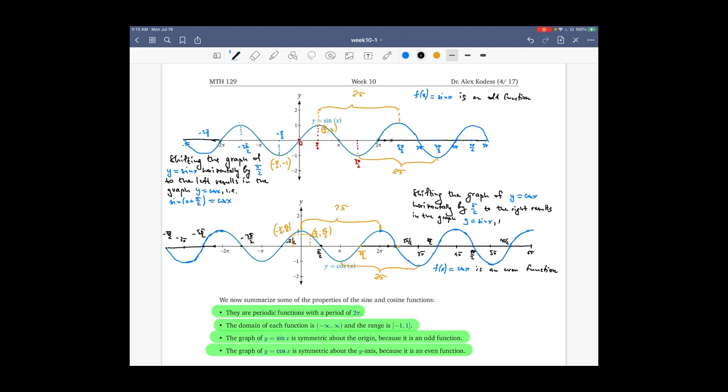i.e. algebraically. That means that if I take the graph of cosine x and shift to the right by pi over 2, which corresponds to subtracting pi over 2 from x, from the picture we see that this is sine x.